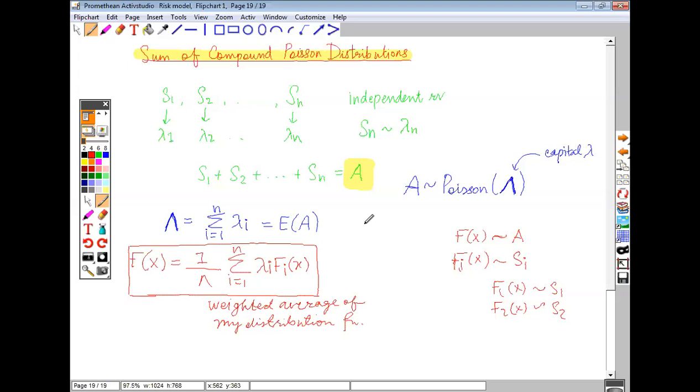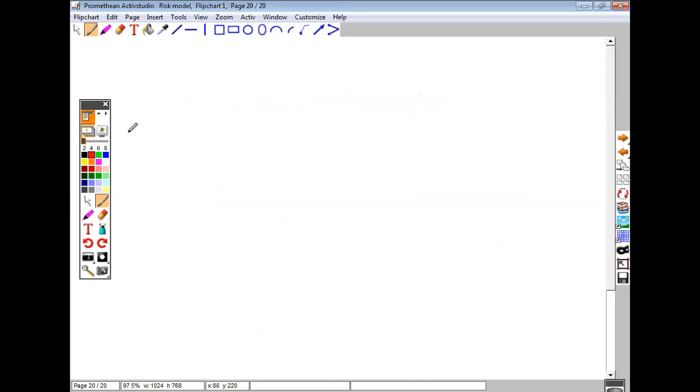What I will be doing right now is just writing the MGF for my A guy here. I will denote it as M_A(t), which is nothing but the expectation of e raised to t times A. I can rewrite this as the expectation of e raised to t times (S1 plus S2 till Sn).